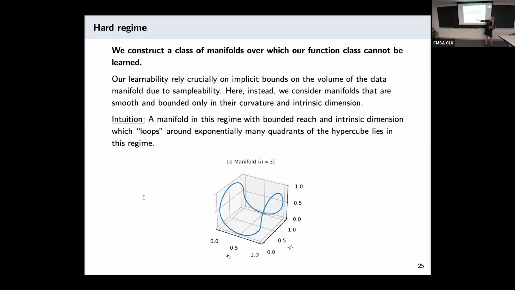But what I want to show is that this hard regime is really for pathological examples, and we were not able to construct an example that you would encounter in an application. So even though we have this hard regime under the manifold hypothesis, the other regime where we have the samplability condition is much more realistic, which I think is a good sign. Perhaps a lot of the data manifolds or data sets that we encounter in practice are closer to the learnable setting than this hard setting.